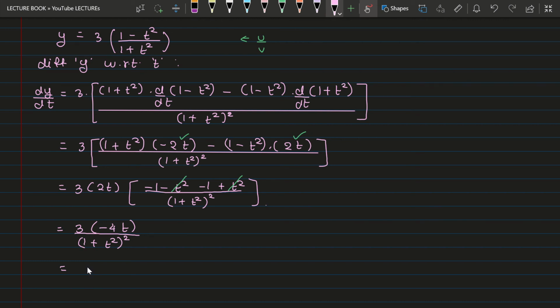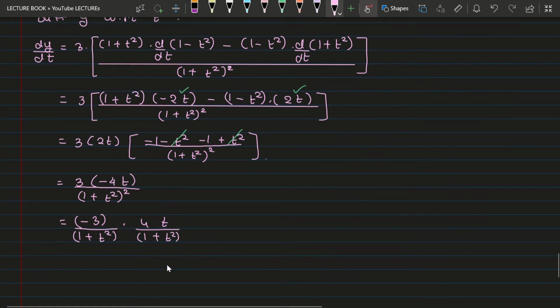So let us see the adjustment. This minus can be adjusted with 3 and the power is square. So what we do is we write it like this: 1 plus t square, one term over here, multiplied by 4t upon 1 plus t square. And what is this? If you observe your question, guys, this is your value of x. So it becomes minus 3x upon 1 plus t square, dy by dt. And this is your equation 2.